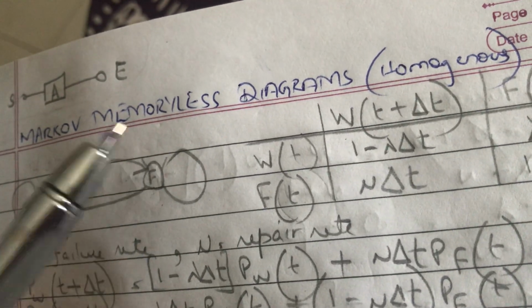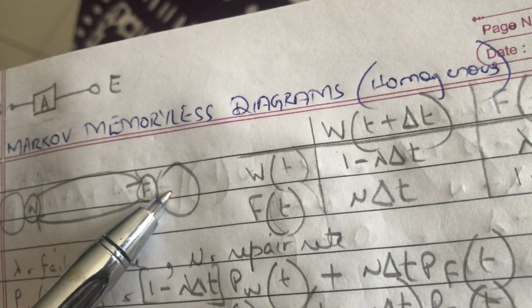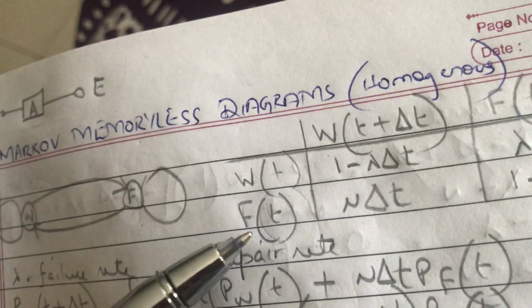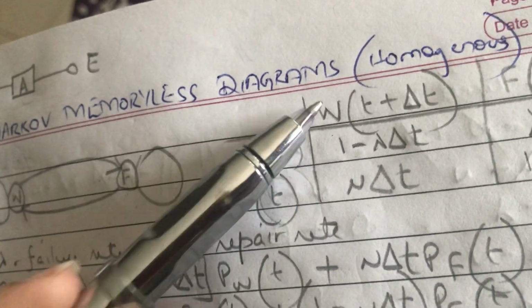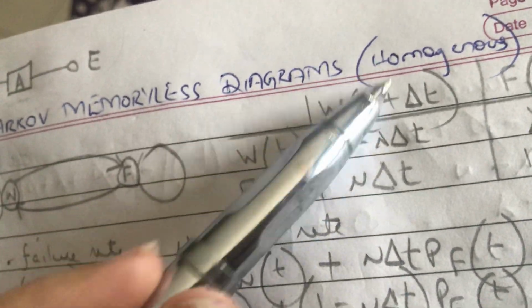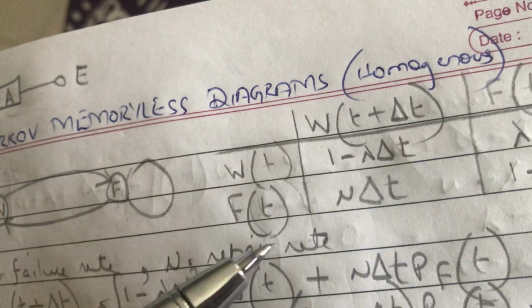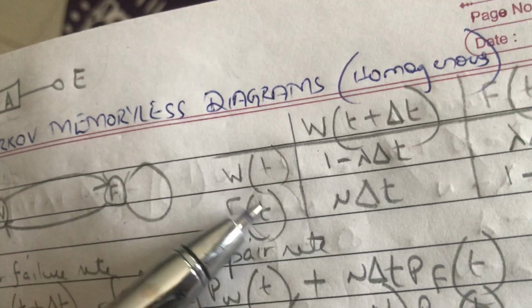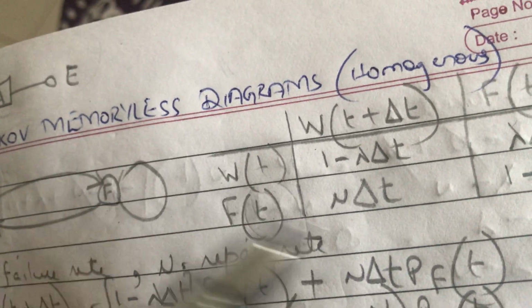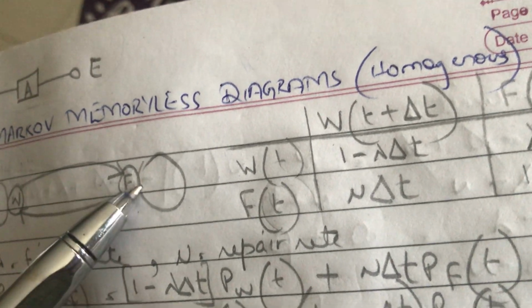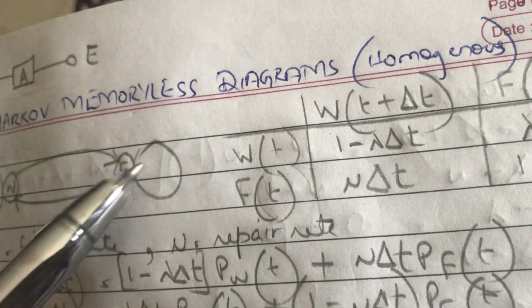Suppose we are going from failed condition to the working condition. Obviously here is w and here is f. Above we can see that we have to find the w of t plus delta t, and we have to find this f of t at the failed condition. So this means that we are going from failed condition to the working condition, and we are in the process of repairing our item.